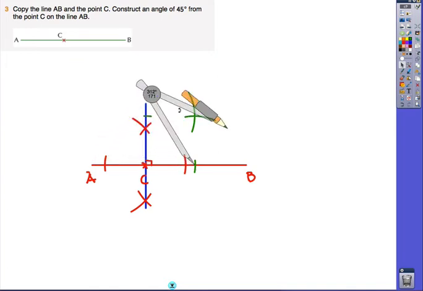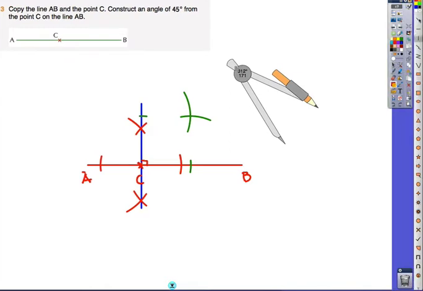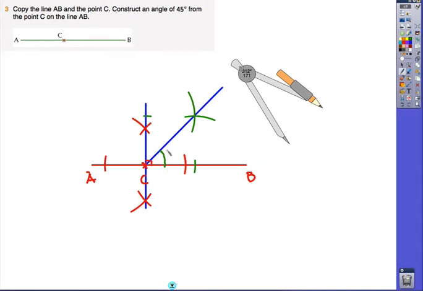So we've just bisected this 90-degree angle to 45 degrees. And it will be at this point all the way across. There you go. There is our 45-degree angle that we've bisected. Make sure you have a go at this.